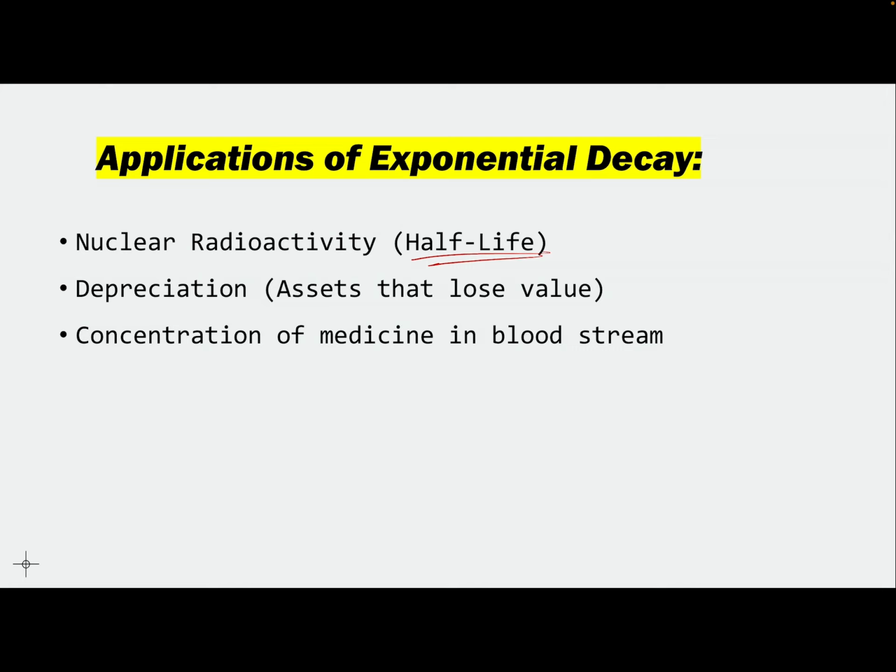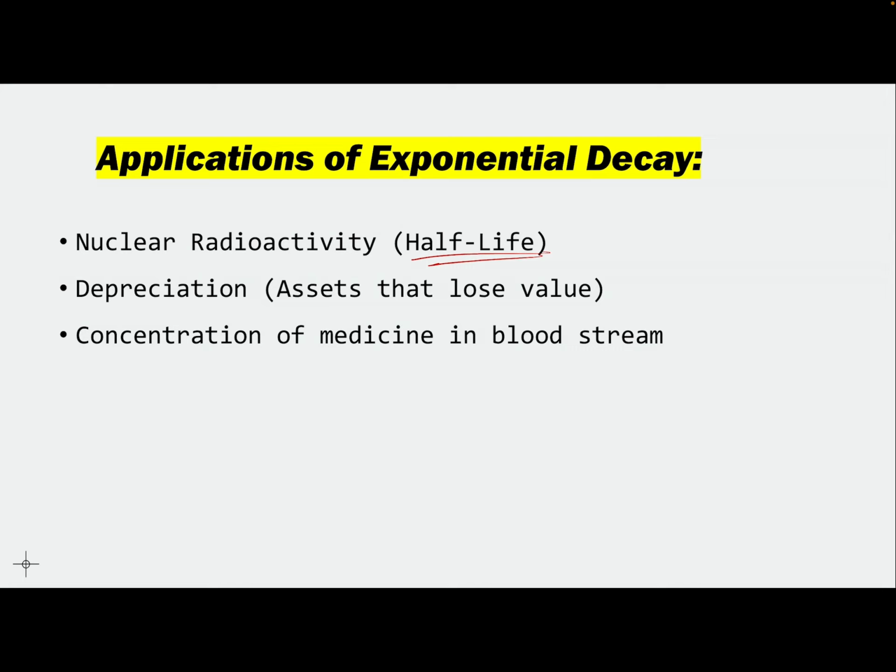Some of the other examples we're going to look at, not in this video, but they'll show up in homework and in other lessons, include depreciation, which has to do with any assets or items that lose value over time, like a vehicle or an electronic, maybe a laptop. Another is the concentration of medicine in the bloodstream.